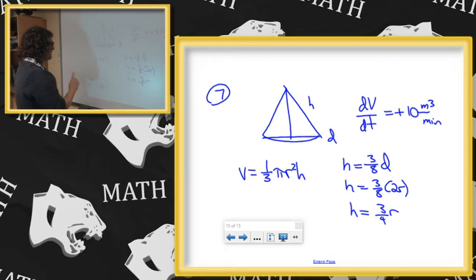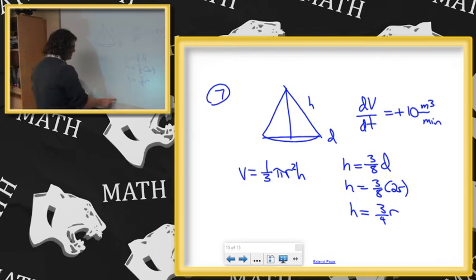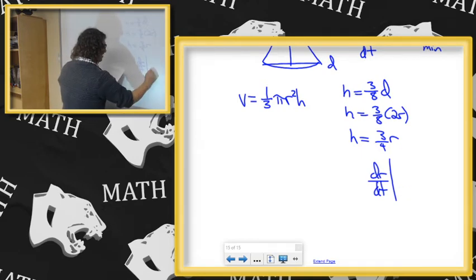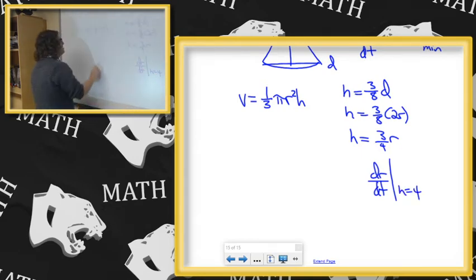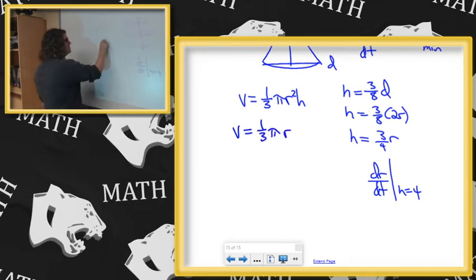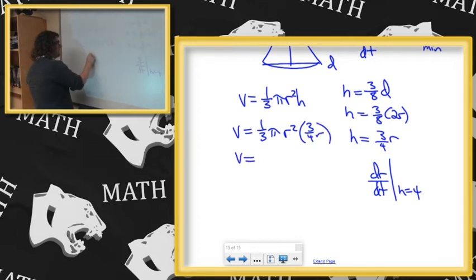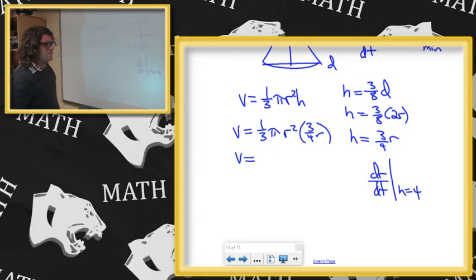So I know dV by dt, and in the end I want to know dr by dt specifically, when the pile is 4 meters high, so h is 4. So V is equal to 1/3 pi r squared, and then I'm going to put in 3/4 r for the h value, because then my equation is made up only of things that have either the rate I want to know, which is r, or the rate I already know, which is the rate that V changes.